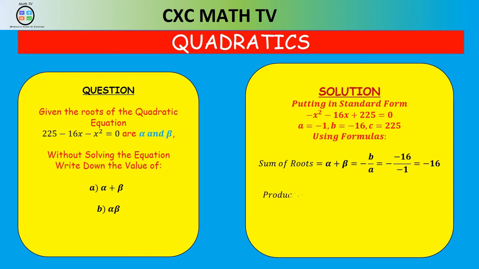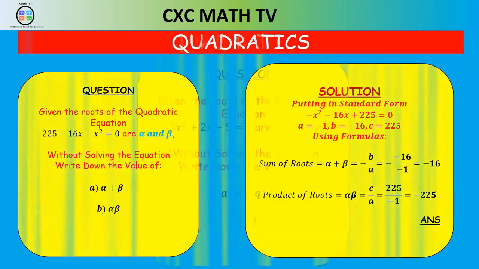And the product of the roots, which is alpha times beta, would be equal to c over a. That's 225 over negative 1, which is negative 225. And so that would be the sum and the product of the two roots. Now if you don't believe me, you can go ahead and solve the equation for the two roots and verify that your answer is true.